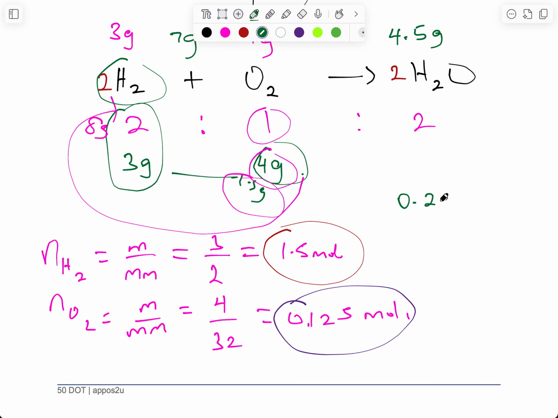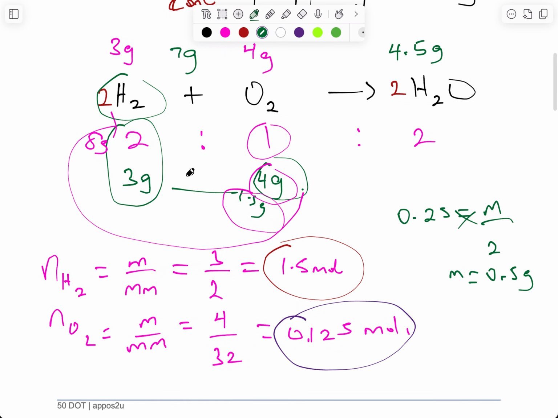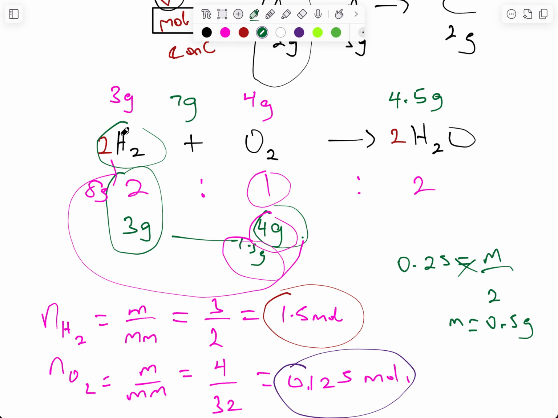That means you have 0.25 equals mass over that of hydrogen, which is 2. So the mass of hydrogen used is going to be 0.5 grams. Out of the 3 grams of hydrogen gas, only 0.5 gram was used in the process.